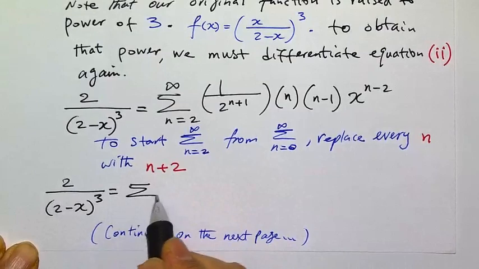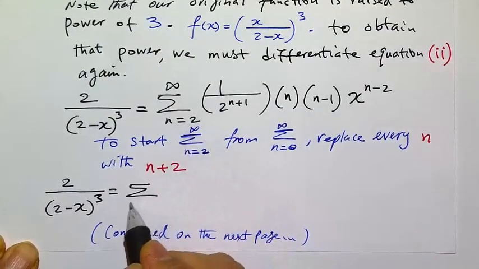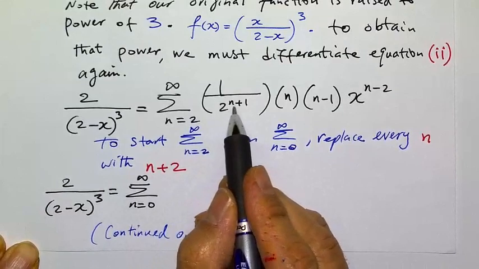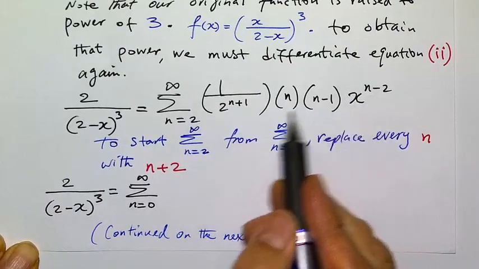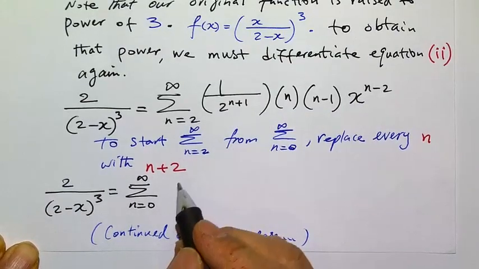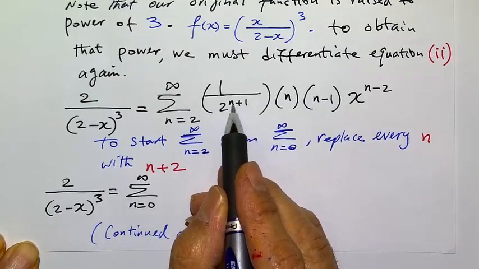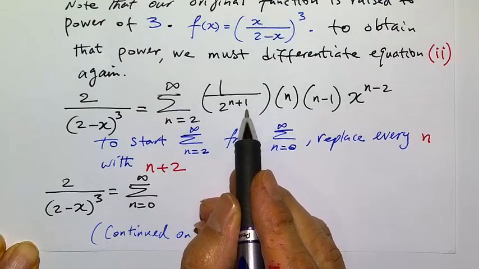On that side, we want to change this to start from 0. So now, everywhere here where I see n, I'm going to replace it with n plus 2. So we're going to end up with n plus 2 plus 1, which is n plus 3.